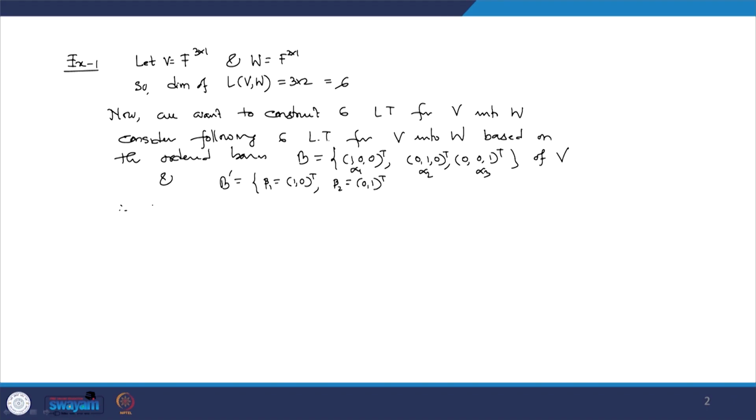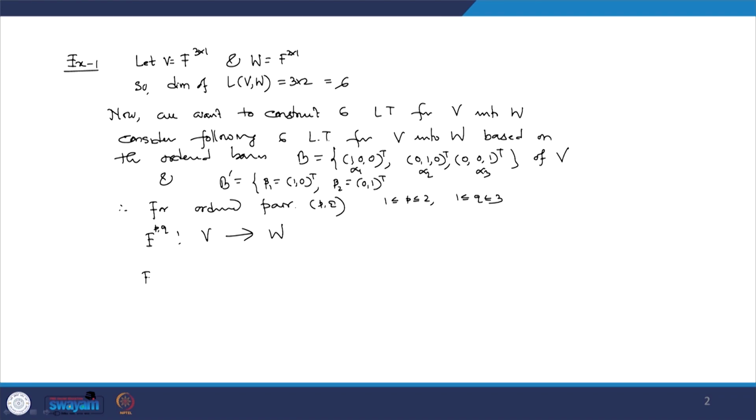So, for the ordered pair (P, Q), so 1 less than or equal to P less than or equal to 2 and 1 less than or equal to Q less than or equal to 3, I am defining E_PQ as a linear transformation from V to W as follows.